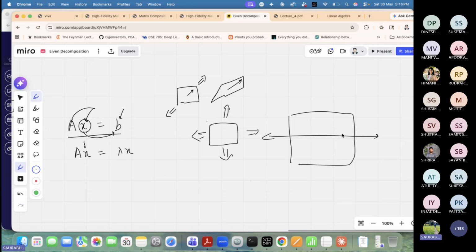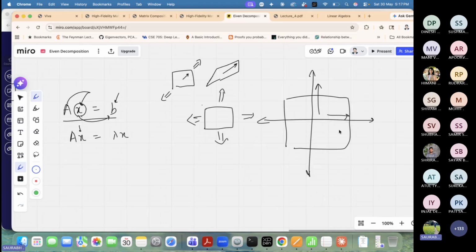The second direction would be this y-axis, because the force is being applied in both the directions. If you have the two-dimensional space and you apply force like this, and it gets stretched, what would be the direction of the eigenvector? Same, right? So this would be the direction.